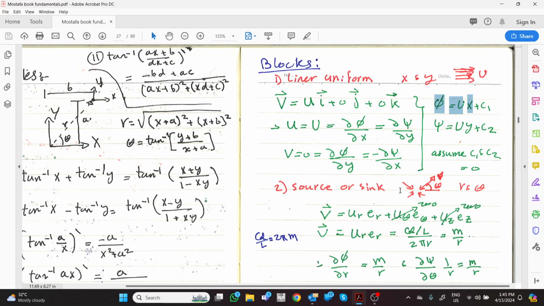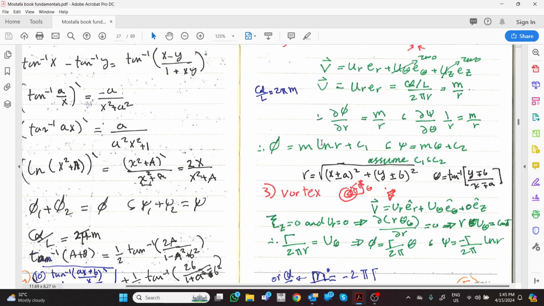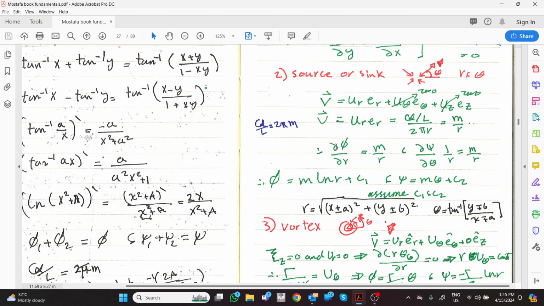I'm going to use the potential flow theory, which states the fluid is not rotating. So I can add this one, and I can get phi equation and psi equation, and I can get u and v. So this is the main idea.